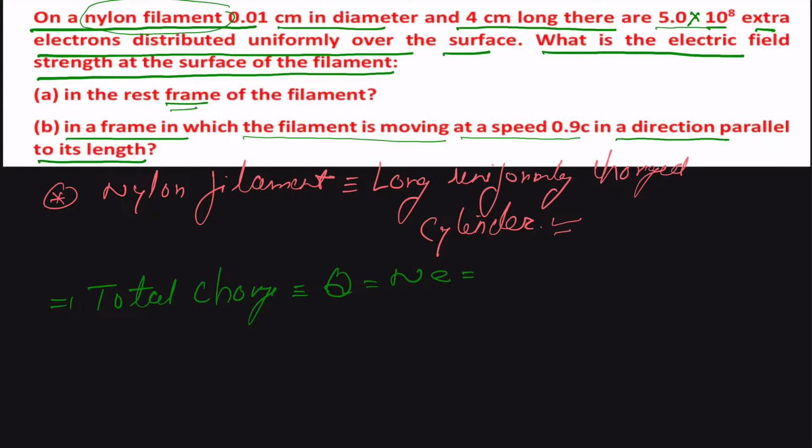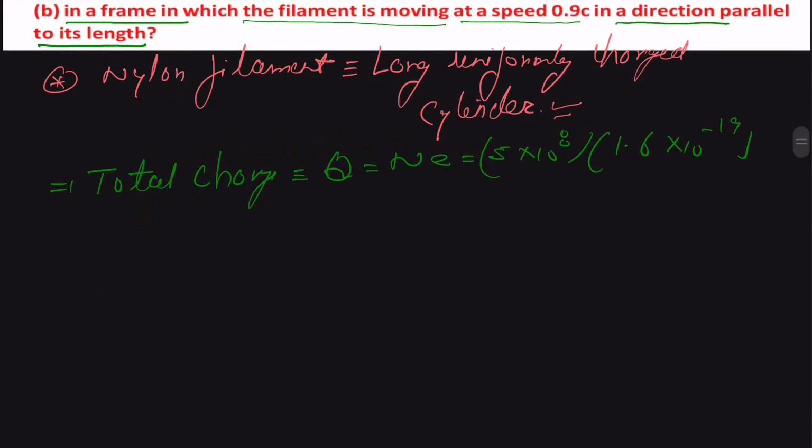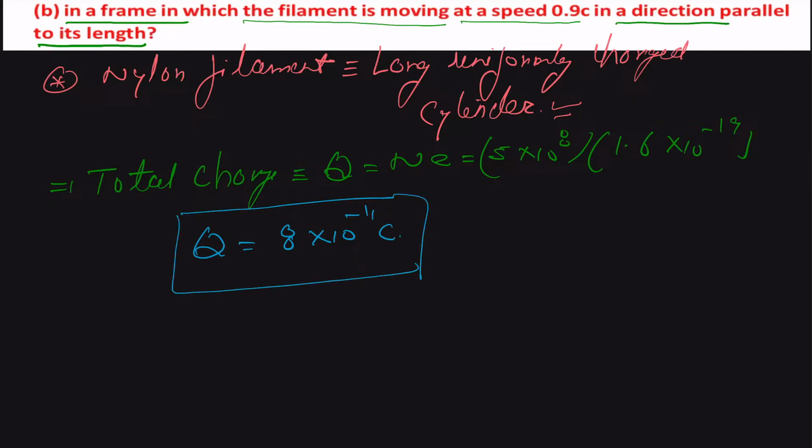The number of electrons given to us is 5 into 10 to the power 8. The charge on one electron is 1.6 into 10 to the power minus 19. So from here we get that the total charge Q is 8 into 10 to the power minus 11 coulombs. We are only interested in the magnitude, because the electron charge is obviously negative.